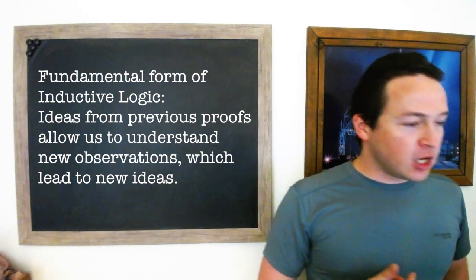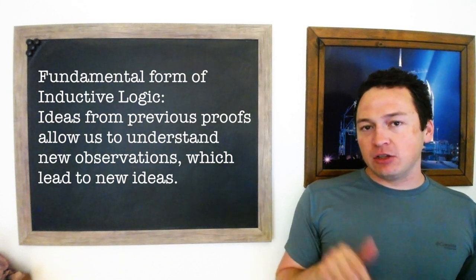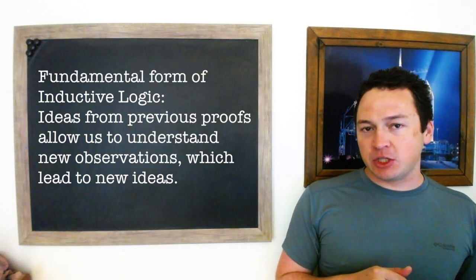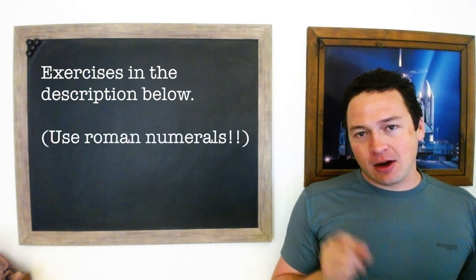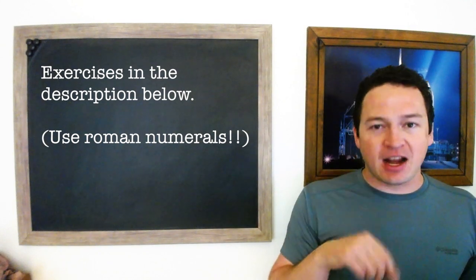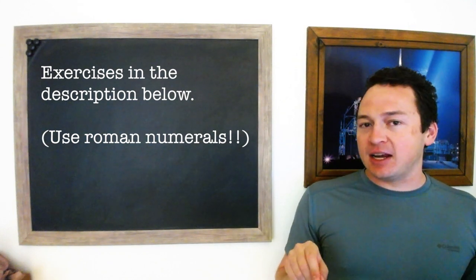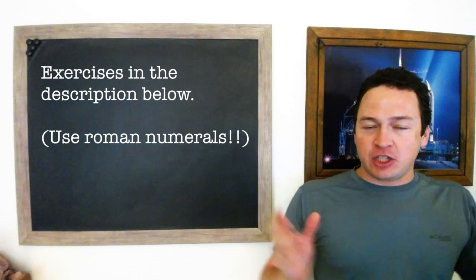And so to understand this latest generalization, go ahead and take a look at those exercises down in the description. Something I have to really emphasize: don't do them in your head in Arabic numerals and then write the answer in Roman. It's really easy to do that. I want you to actually go through the mechanics of writing all those Roman numerals together and actually compressing them.